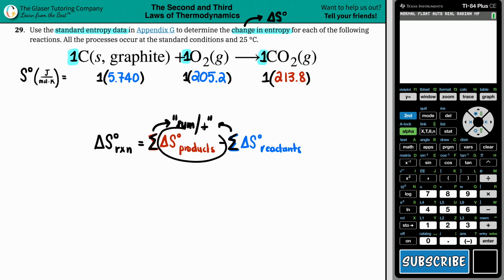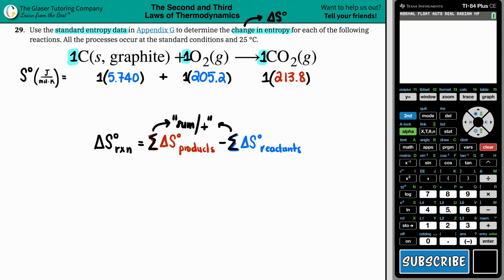Now, we have to sum up the products and the reactants. Literally, the balanced equation, it was carbon plus oxygen. So the 5.740 plus the 205.2. I don't have to add anything on the product side because that's the only number here. So I'm going to go over to my handy dandy calculator, and I'm going to add the reactant side up.